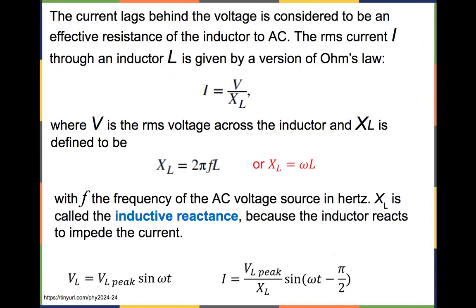In that case, we can still calculate the current in the inductor. You can still do current equal to V over XL, because the inductor has a certain reaction to the voltage supply, just like a resistance does.